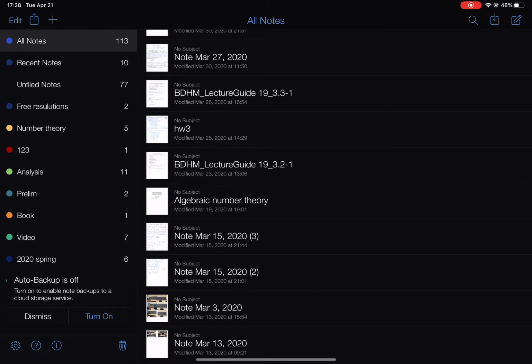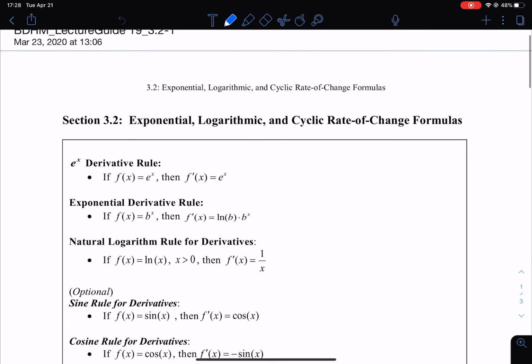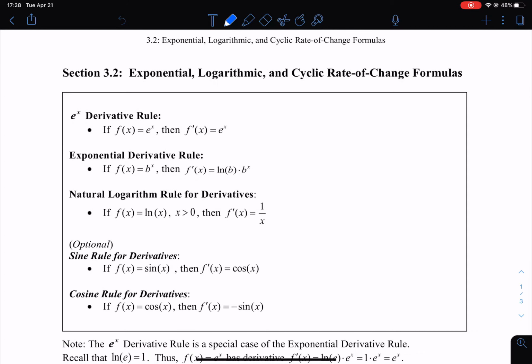All right, next section, 3.2, exponential and logarithmic. Okay, so this one, the first formula is e to the x power. The derivative is just e to the x. And then the second one is b to the x. Derivative is natural log of b multiplied by b to the x power.